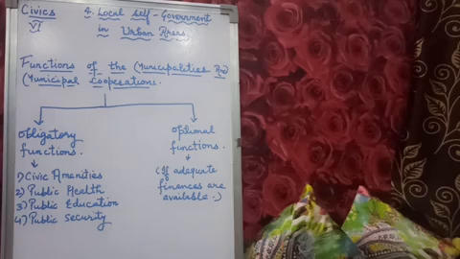So in civic amenities, what are the facilities they have to give? Supplying clean drinking water, construction and maintenance of roads, supply of electricity to homes and industries. These are the compulsory things. If they are not going to give these amenities to us, it's impossible for everyone to survive.